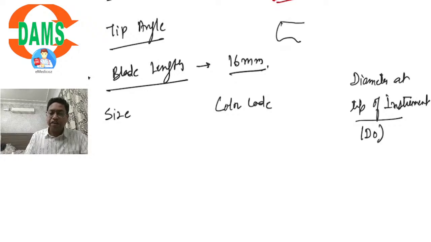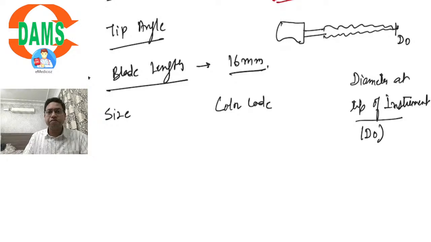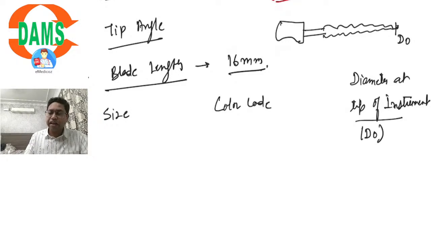I am again drawing the instrument structure for you. The diameter at tip is called D0 and the diameter at the end of the working blade is called D16. So this is the current ISO recommendation for the standardization of hand instruments used for endodontics.